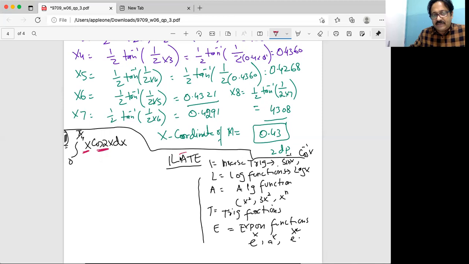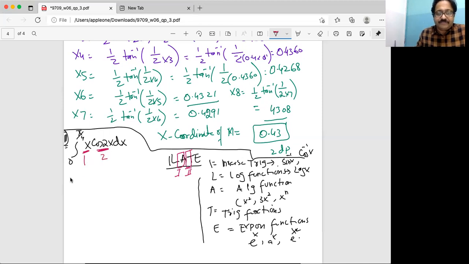So algebraic is here and trigonometric is here. Which one is first? Algebraic is first, and the other is second. In the order it's fourth, but here algebraic is first and trigonometric is second. So here we will take the first function as 1 and the other as 2.